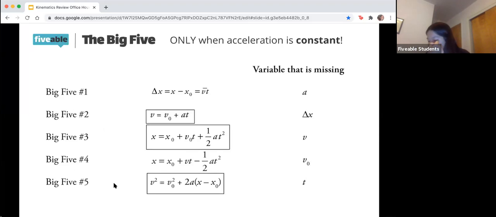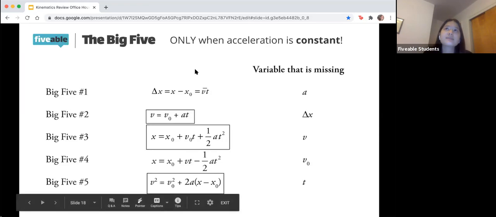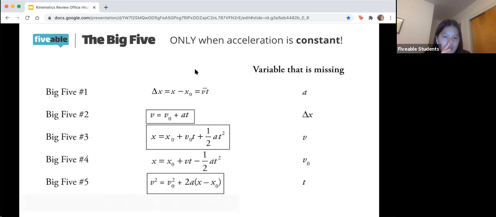However, it's really important to emphasize this because at the start of your kinematics unit, the questions will be simple and the condition will always apply. But sometimes in future problems where acceleration is not constant, you can no longer use these equations. So really important: these 5 equations, the big 5, or the big 4, depending on if you want to include the big 5 number 1.